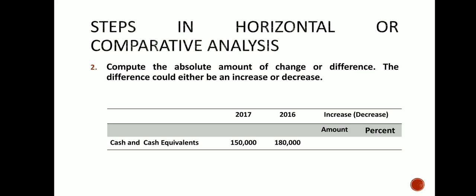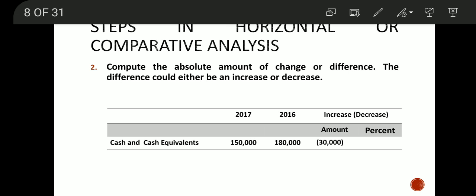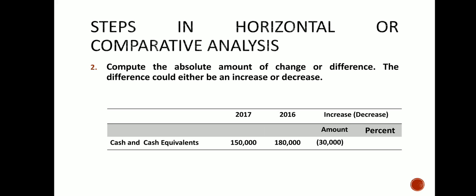So the absolute amount of change is 30,000 decrease. The parenthesis here signifies the decrease. So again, there is a 30,000 pesos decrease in cash and cash equivalents, because the cash and cash equivalents of 150,000 in the year 2017 is lesser than the base amount, which is the cash and cash equivalents of 180,000 in 2016.